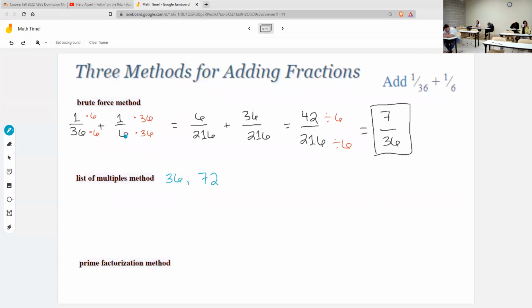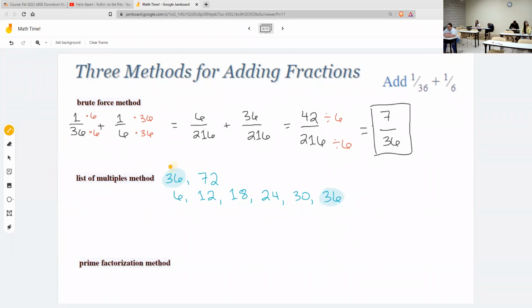Then with 6, my other denominator, 6, 12. I'm looking for something on both lists. I have to keep going, right? 18, 24, 30. I found something on both lists. So I stop. Now here's something cool.